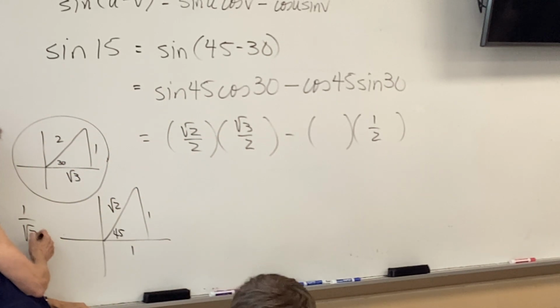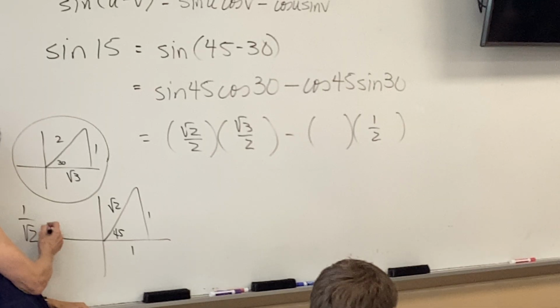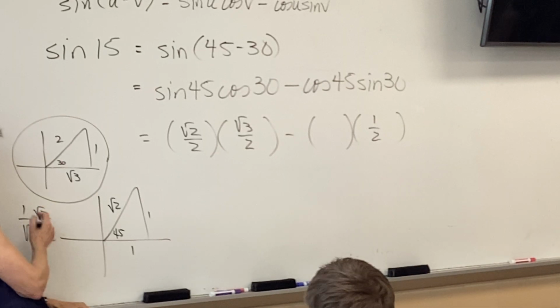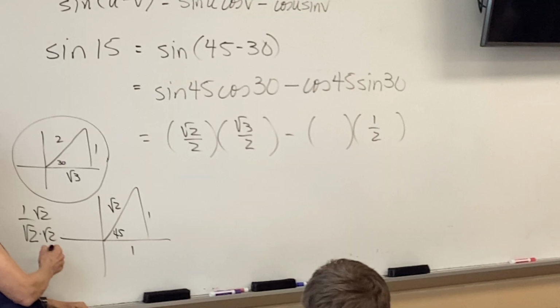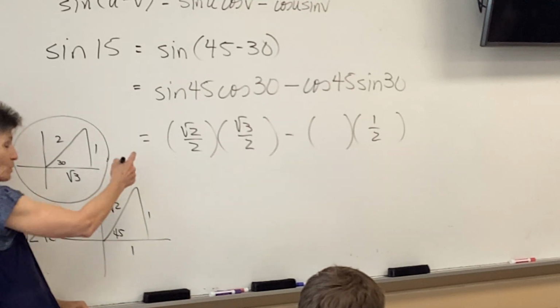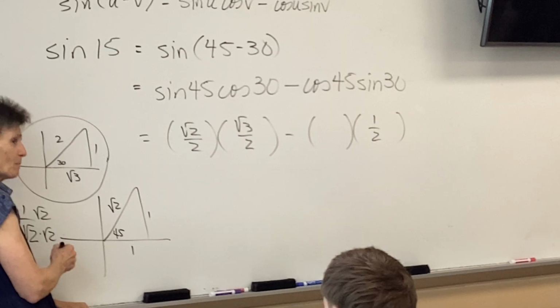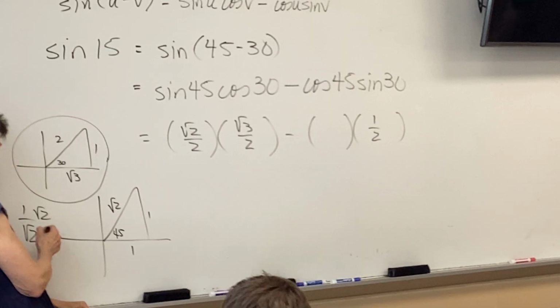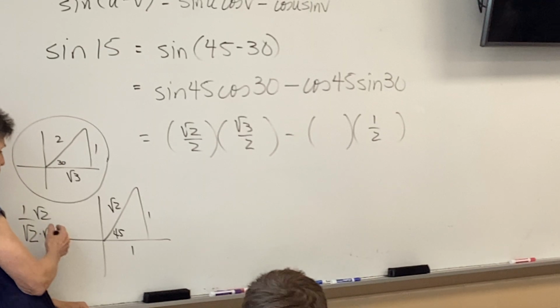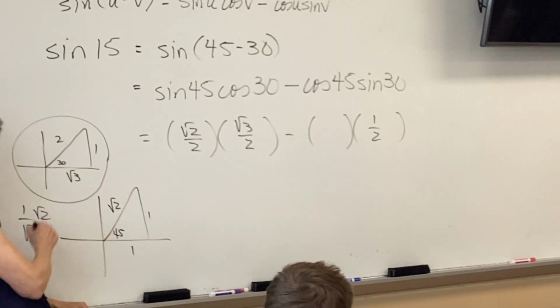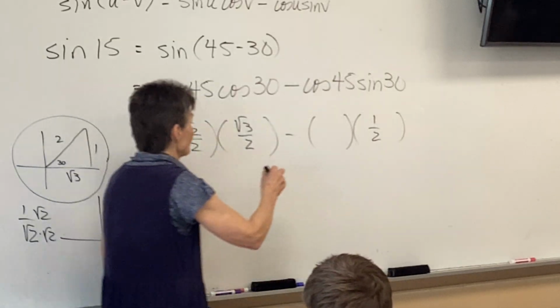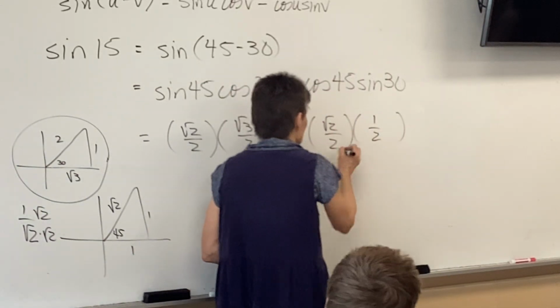Remember, 1 over root 2 is the same as root 2 over 2. So we're going to use root 2 over 2 here, and the same over here. Both sides the same.